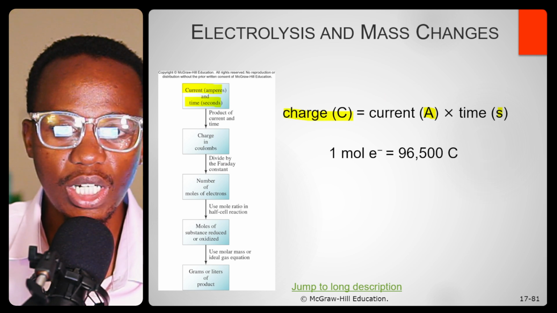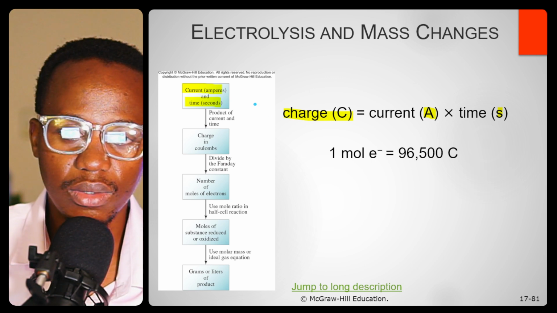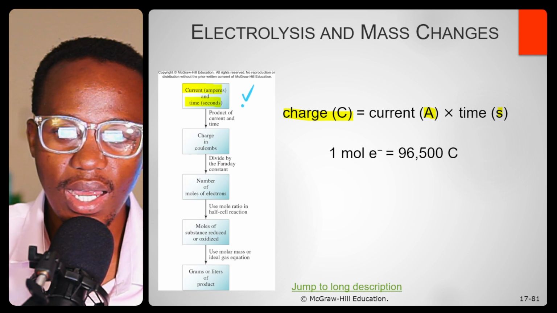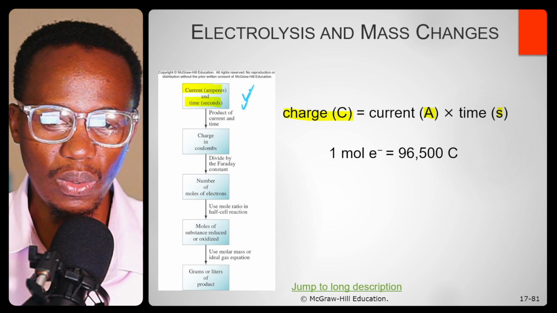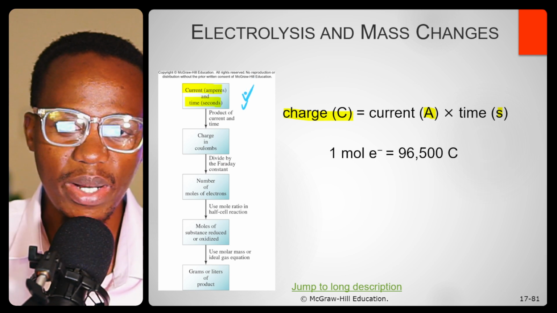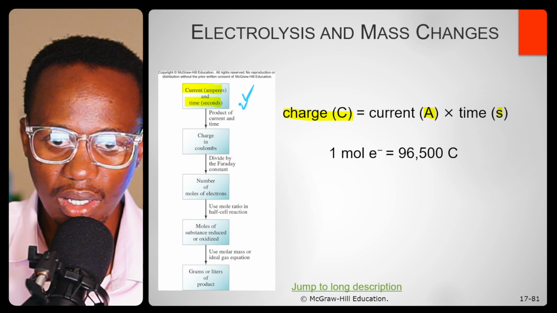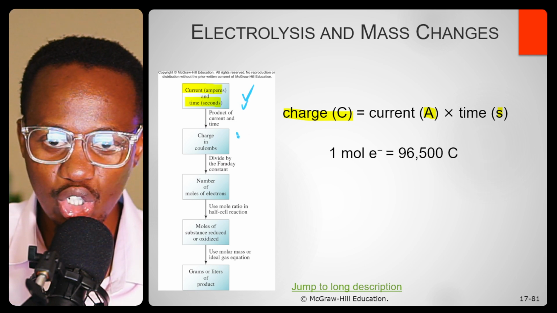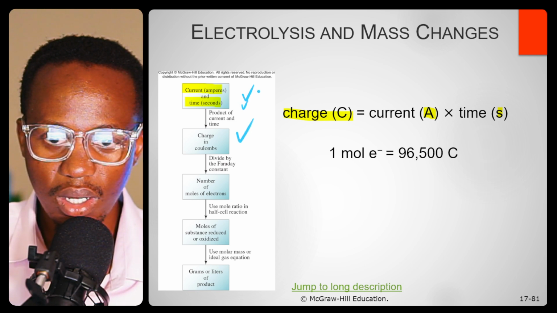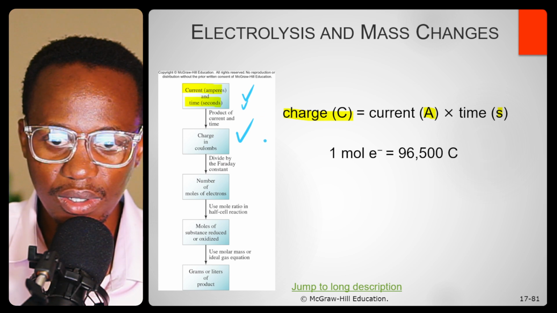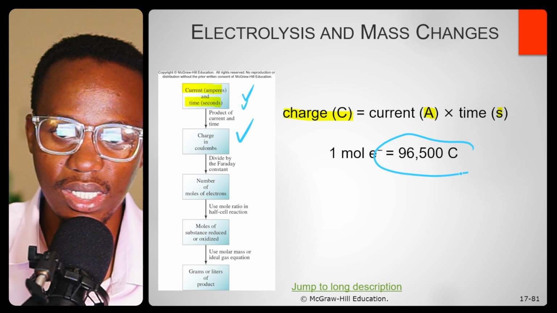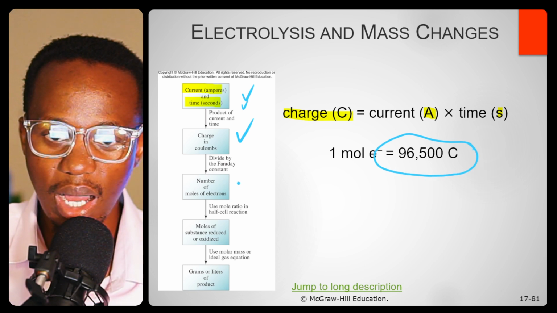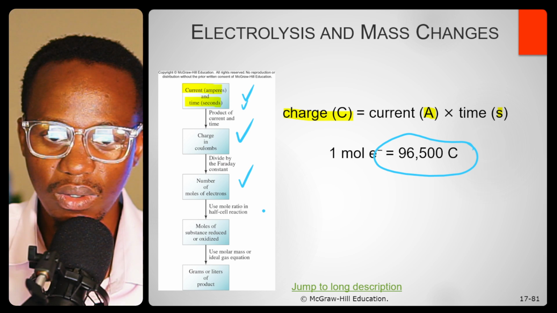So you go from current and time, which you can measure, right? You can measure how much current you're adding and how long, and when you multiply that, it should give you the charge, and then the charge divided by the Faraday constant will give you the number of moles of electrons, right?